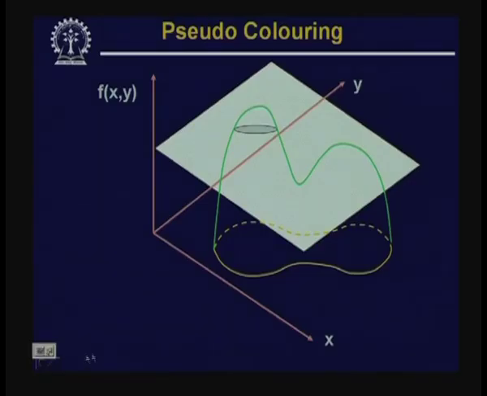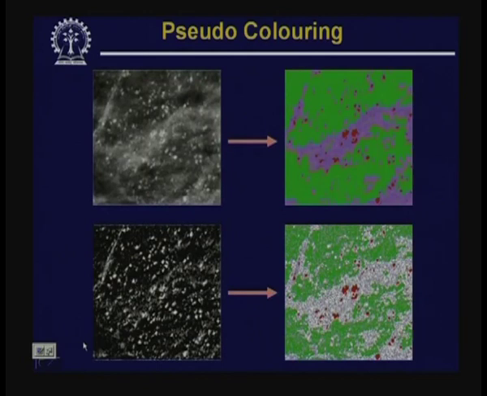So, let us see some examples of this pseudo colored image. Here, on the left hand side we have an intensity image or black and white image. If I go for pseudo coloring techniques, then the pseudo colored image is as shown on the right hand side.